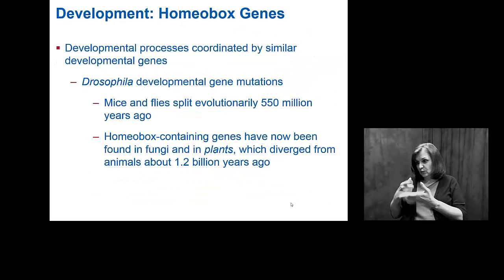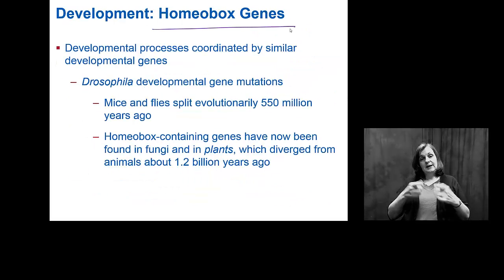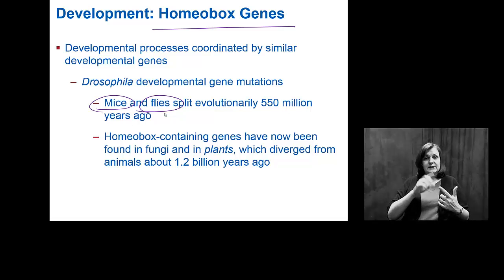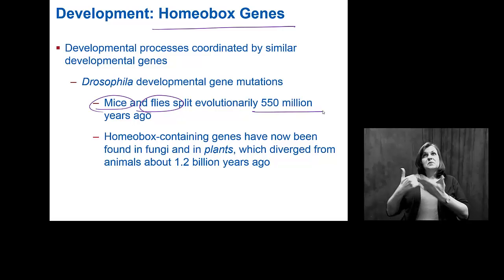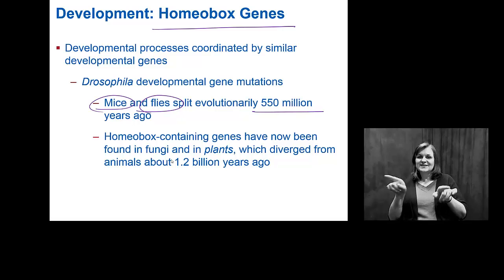So I mentioned to you that this homeobox gene is actually highly conserved across different species. We've now found them in mice and flies, okay, which split about 550 million years ago. We'll look at that in the animal kingdom. So the difference between our mammals and other animals. But they've also now found the same homeobox genes in fungus and plants.